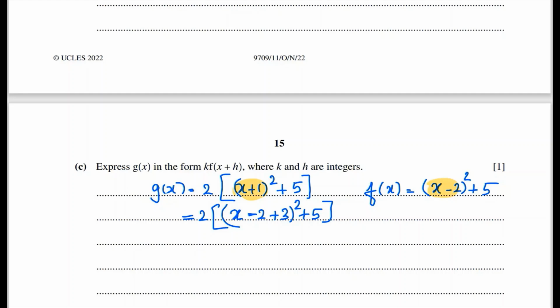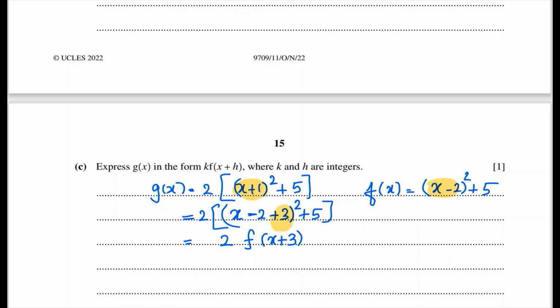So by comparing with the f of x, here only the 3 got added, so we will write this as f of (x plus 3), or you can leave this bracket also.